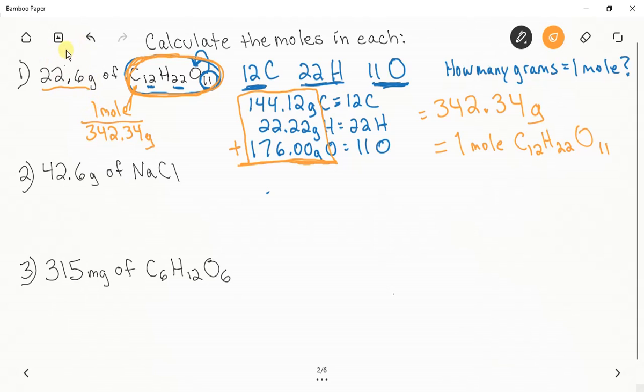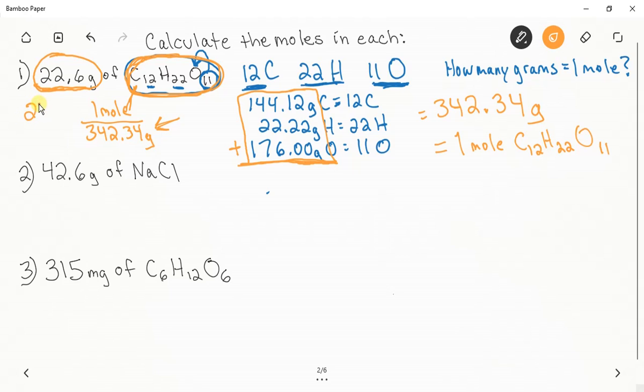But you don't have 1 mole, do you? You have 22.6 grams. You don't have 342.34 grams. You only have 22.6 grams. So how are we going to find out how many moles, or what fraction of a mole, you have if you only have 22.6 grams?